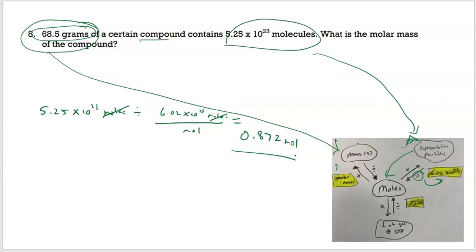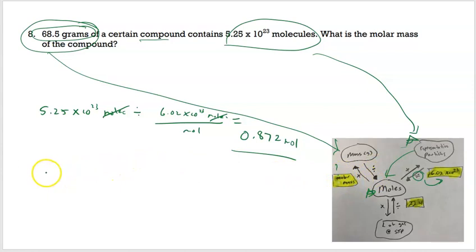Okay, so I know my mole value here, and I know my mass value. So I could either multiply 0.872 times x to get 68.5, or I could divide 68.5 by x to get those. So let's just set up an algebra expression. I want to figure out my molar mass, which is my unknown value.